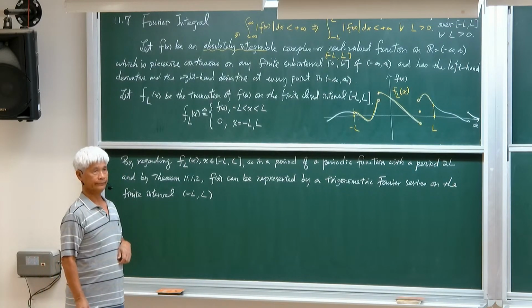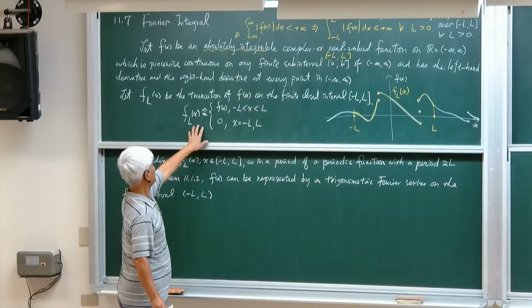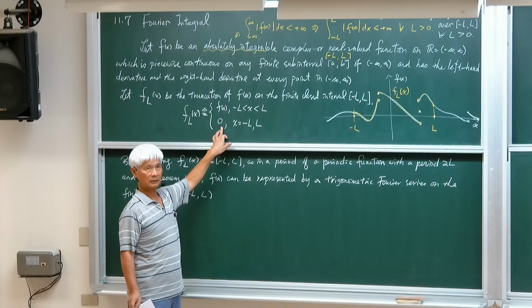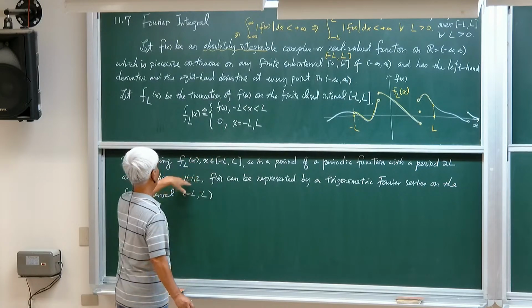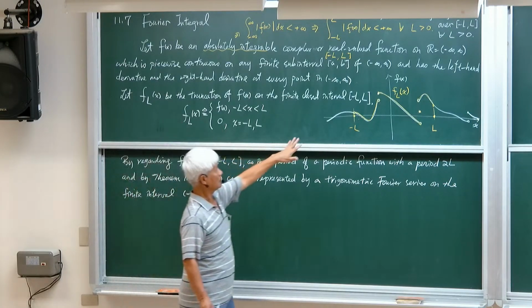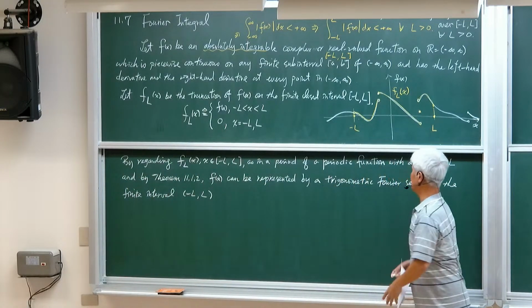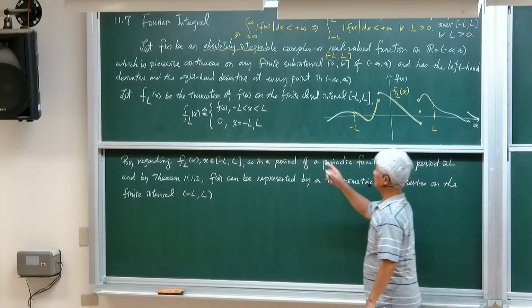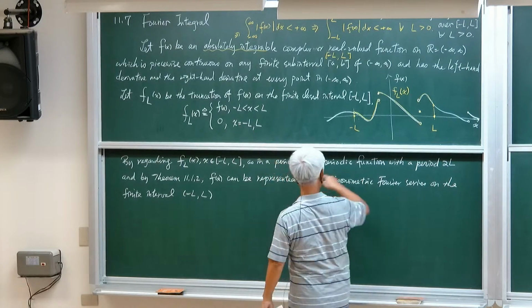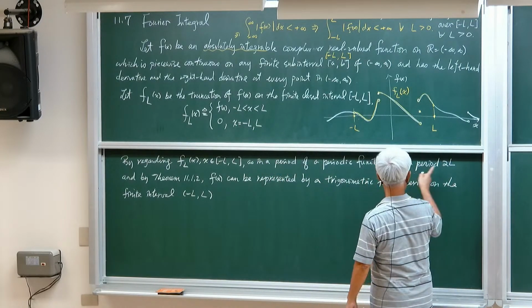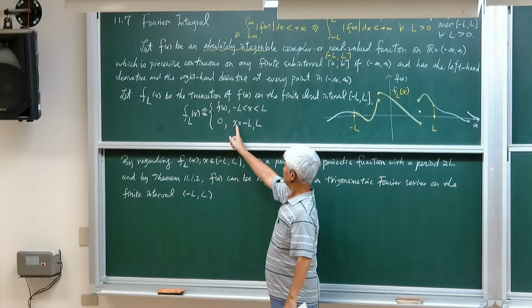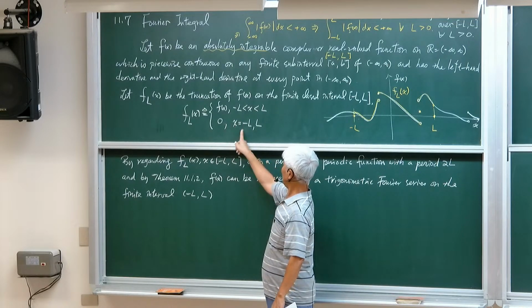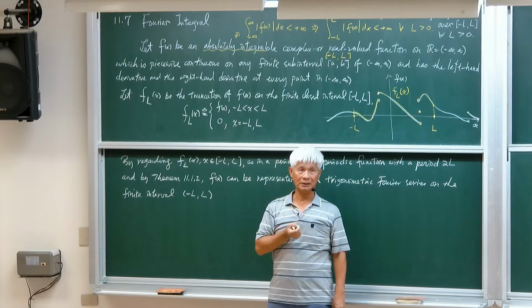The purpose for this assignment is that this is one period of a periodic function with period 2L, so at both endpoints they should have the same value.